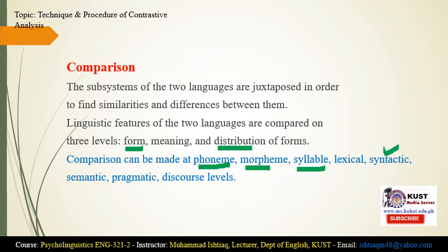Languages having more metaphorical orientation, languages having more literal orientation. Same is the case with pragmatic value as well: languages more rich in pragmatic values, languages not having that much pragmatic value, and differences at discourse level can also be made when we compare two different languages.